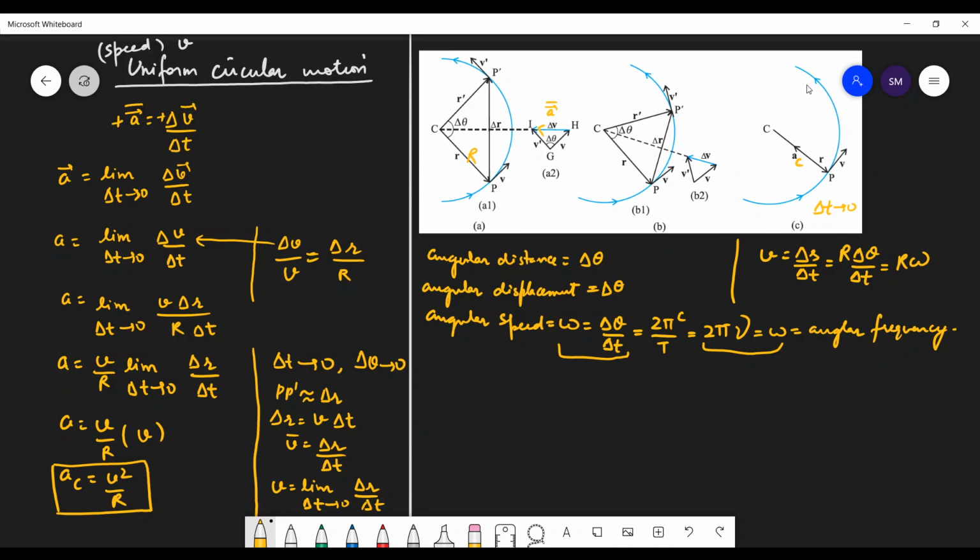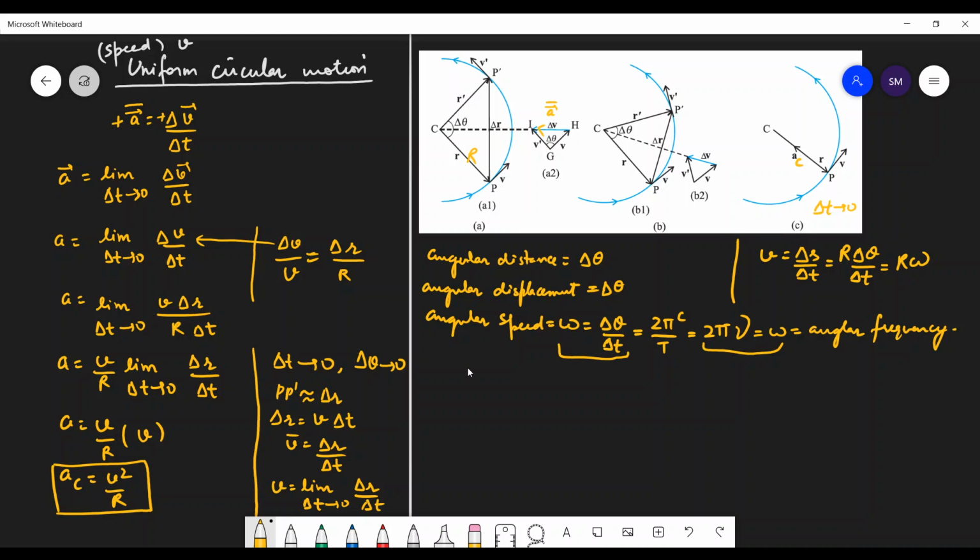Place the fingers of your right hand and curl them in the direction of motion, and your thumb will give you the direction of the angular velocity. The thumb will be upward in this case, so the direction of angular velocity is coming out of the plane.